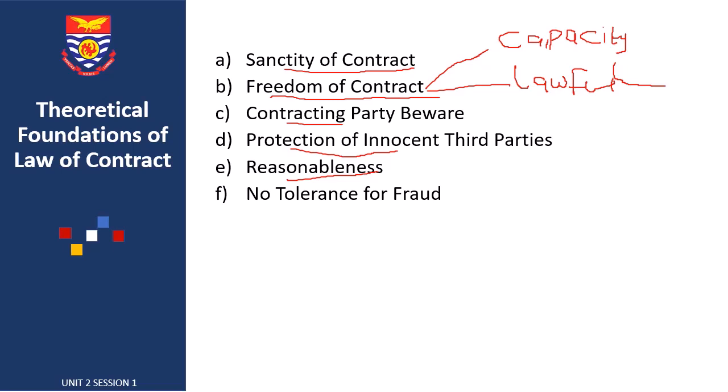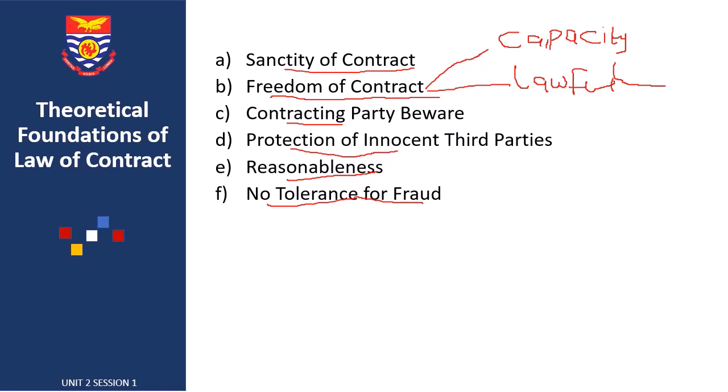We also have the element of no tolerance for fraud. The law is intolerant of fraud. What it means is that any fraud element in a contract brings that contract to an end.